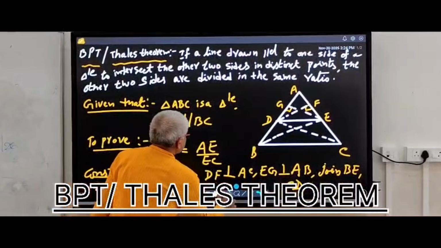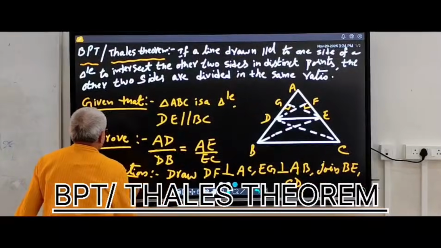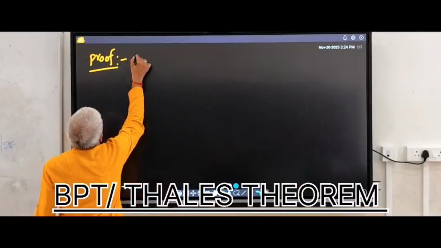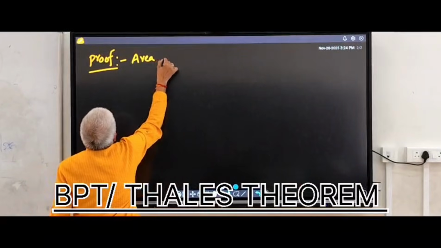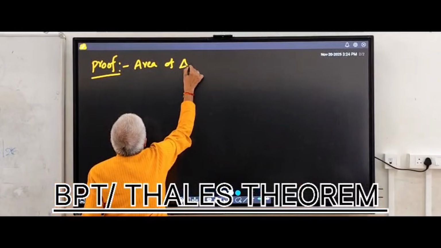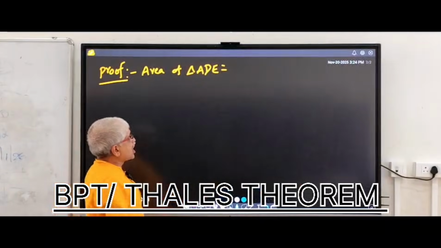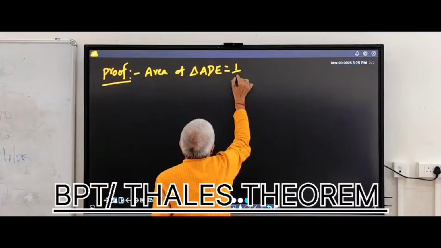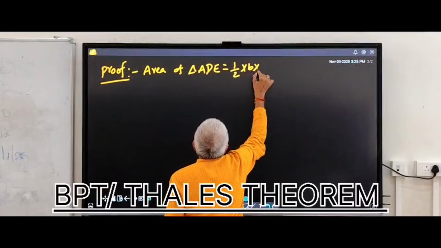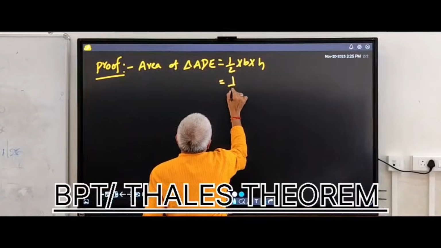Okay? So, let me say area of triangle ADE. What is the formula of area of a triangle? Half base into height. That is equal to half.